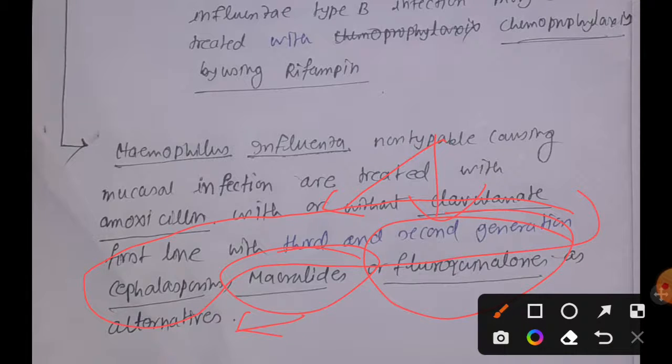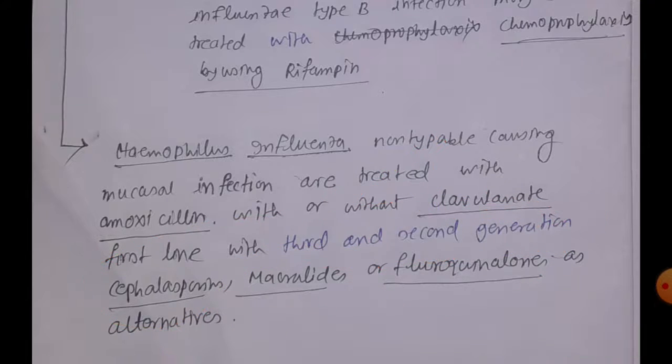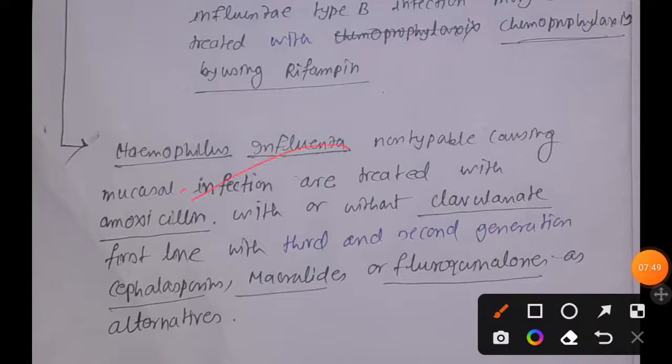So Haemophilus influenzae non-typeable is generally treated with amoxicillin, which has to be mixed with clavulanic acid. Clavulanic acid is a beta lactamase inhibitor that inhibits the beta lactamase present in bacteria that can destroy amoxicillin. If that still does not work, you can also use second and third generation cephalosporins along with fluoroquinolones and macrolides.